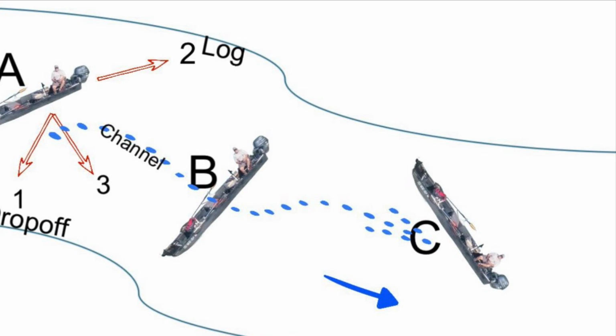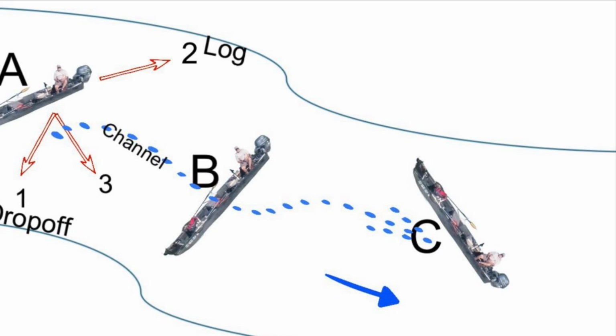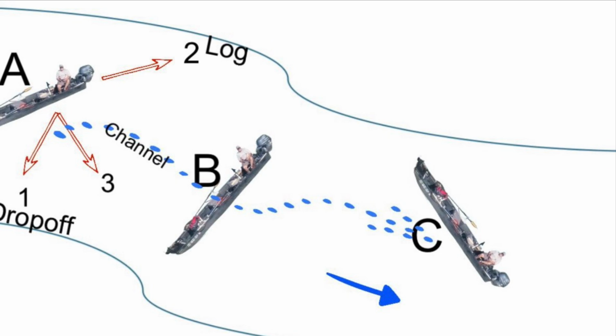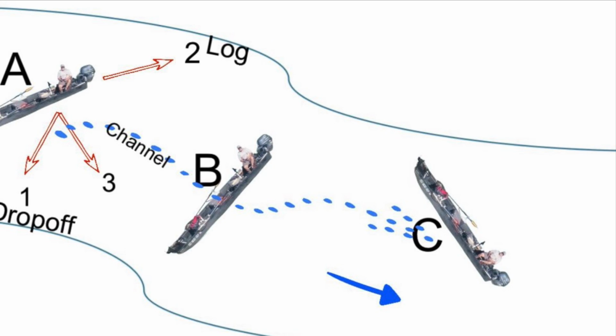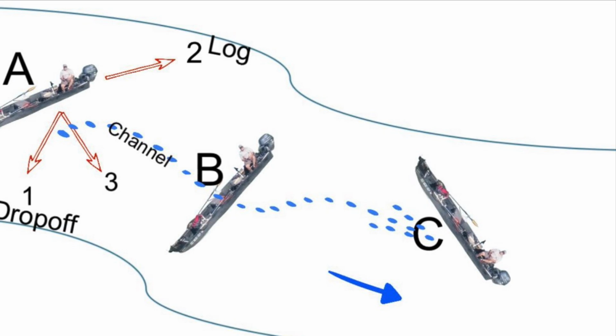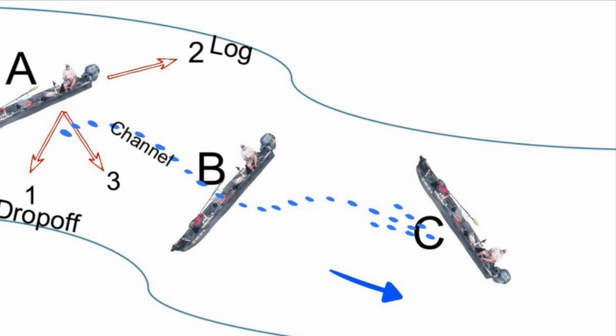Also in the channel, I work the channel the same way. Start close to the boat and then let it out. And then on the other side as well. So the whole idea is, particularly in the high water, you're going to want to cast mainly toward the shores.